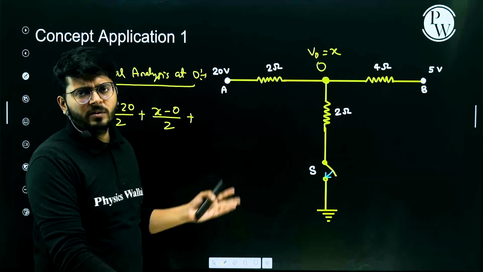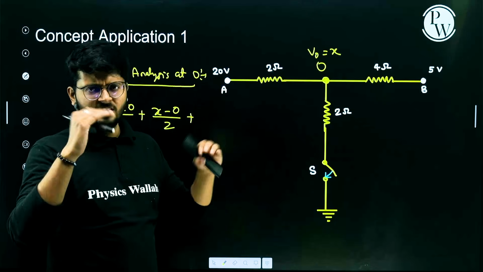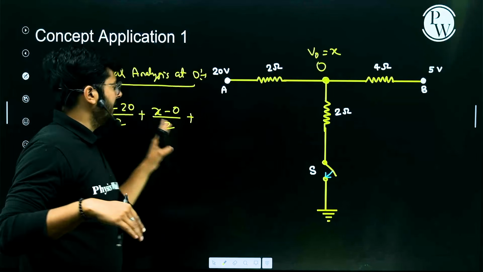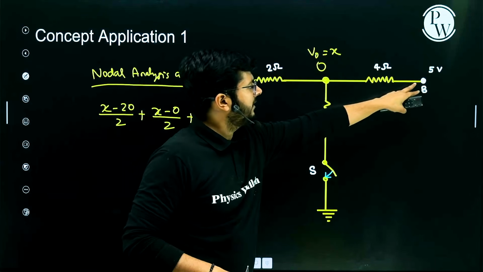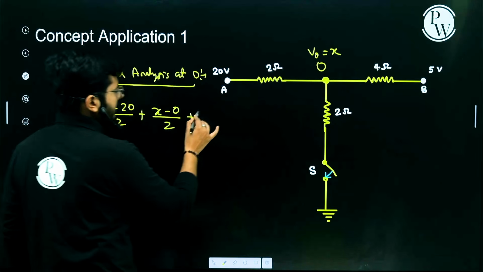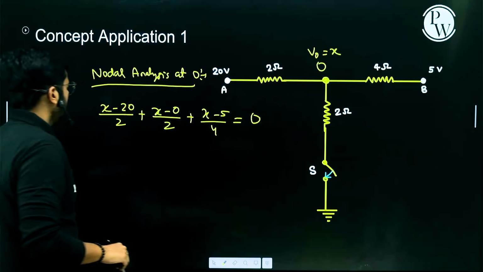If any value comes out with a negative sign, it means the direction that we had assumed was incorrect, and the actual direction is opposite. So be easy going with that and just write down the equation. The summation of that is going to be 0.